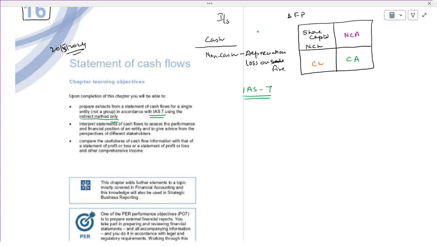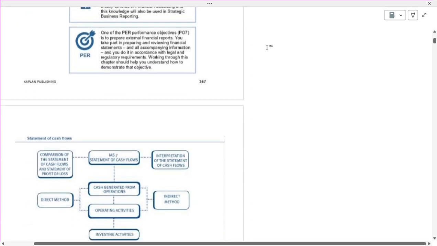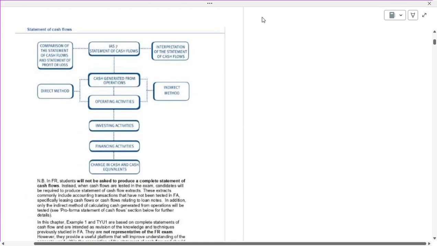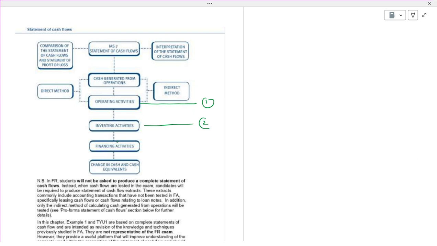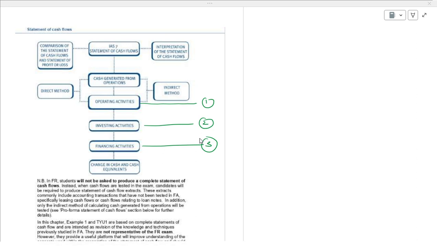The direct method is simply a cash account, so we are not talking about the direct method. Using the indirect method, the cash flow statement is divided under three categories. The first is operating, the second is investing, and the third is financing.